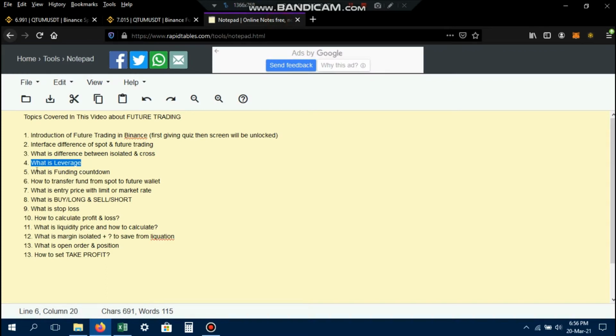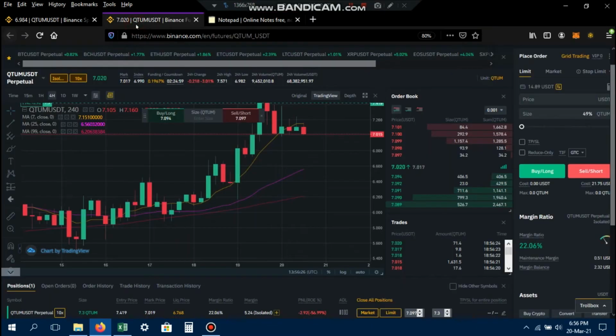Okay. Now what is funding countdown? You can see over here it is written funding countdown. What is this? It means that if you are doing a future trade, you have to pay a certain percentage to Binance for using this future trading option.